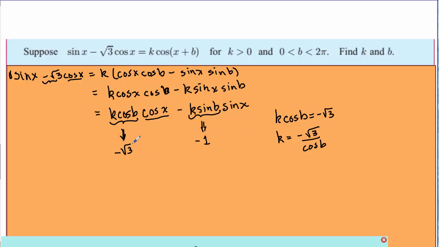That's coming from this equation right here. And this equation here says that k sine b, I'm misleading here. This needs to be a plus 1 because we're going to subtract.